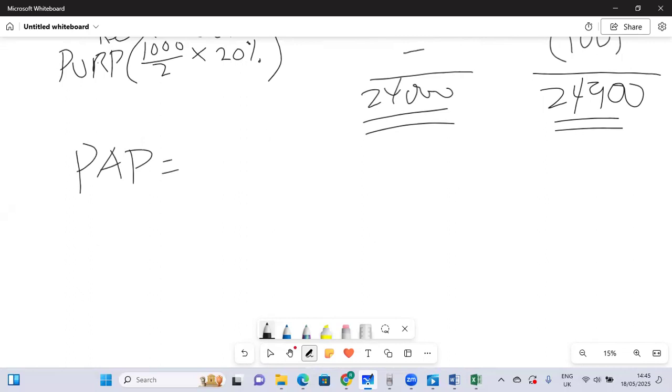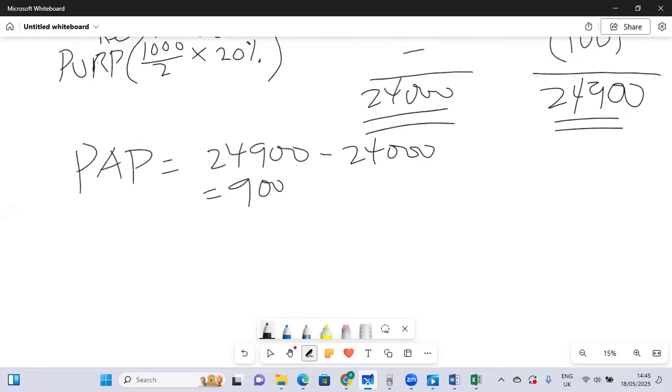So the net asset at reporting is 24,900 minus the net asset at acquisition, which is 24,000, which is going to be 900. Sorry.